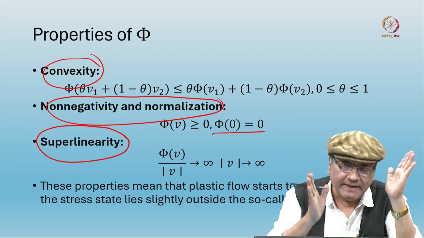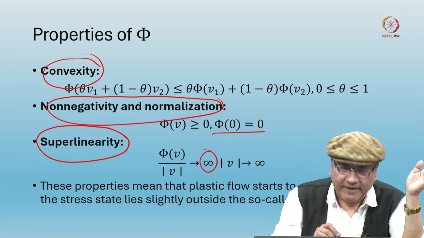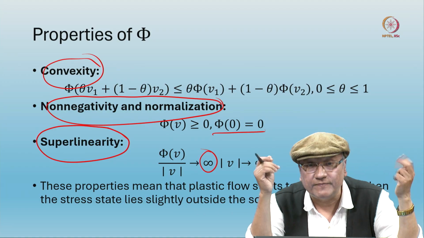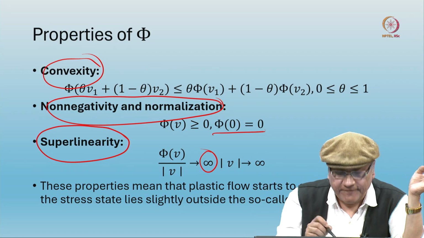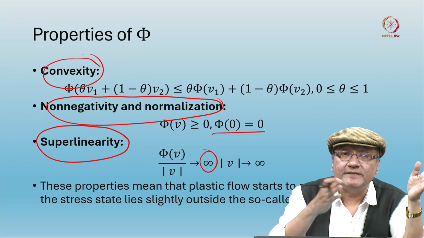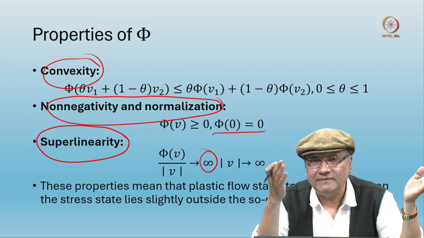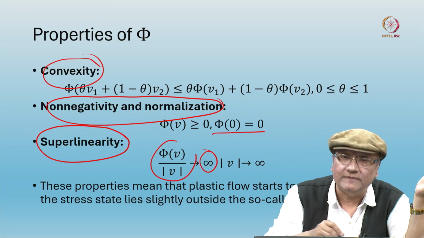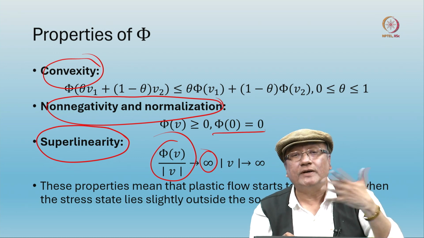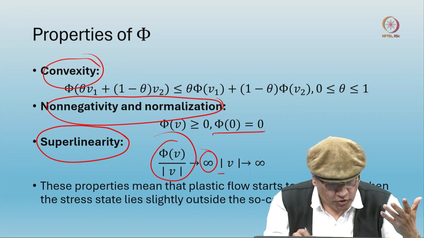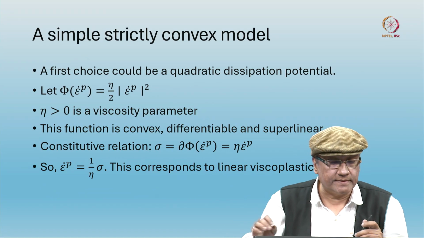For linear limbs, this will go to 1, but if phi(v) is of the form v square, v transpose v, then as v tends to infinity, you get v square by v, that sort of a thing, so that goes to v, and v tends to infinity means the whole thing also tends to infinity. That means phi(v) must have a superlinear structure in order for this to be true, right. So, this is one of the important issues associated with rate dependence, right.